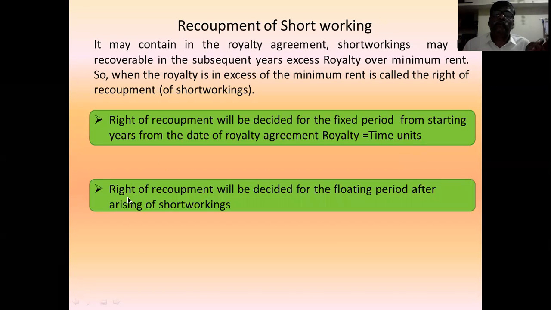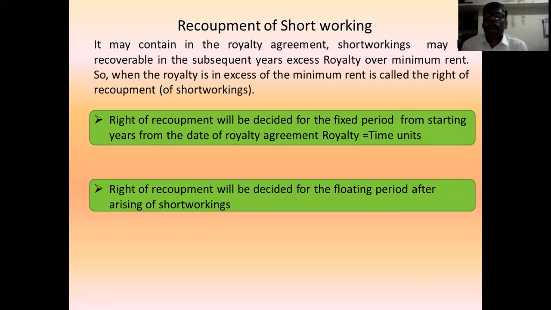And second is, the right of recoupment will be decided for a floating period after the arising of short working. Fixed period, floating period. Whenever the short working arises, from that year, they will give you a certain fixed number of years. From that, you have to recover the short working.